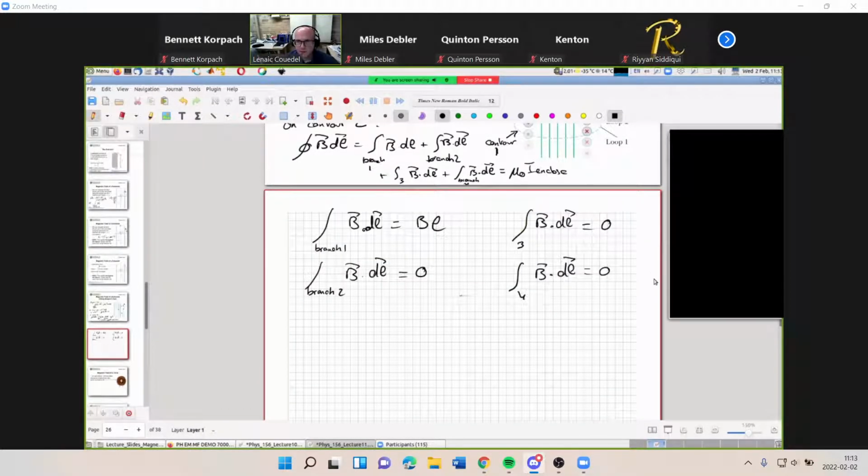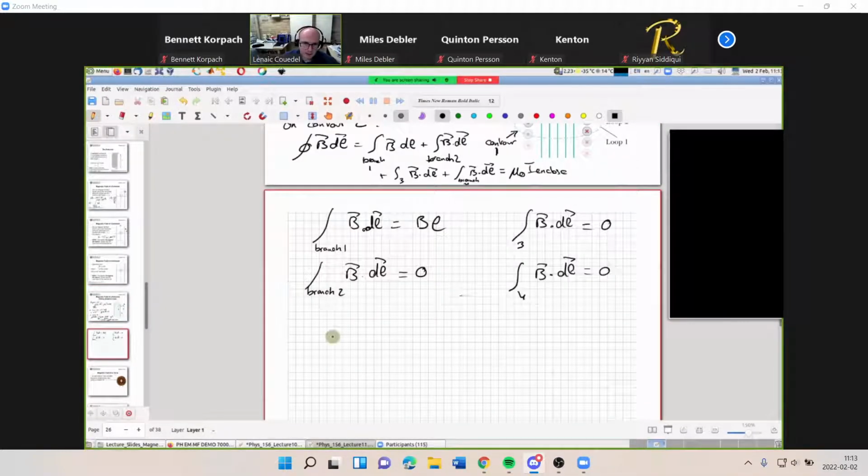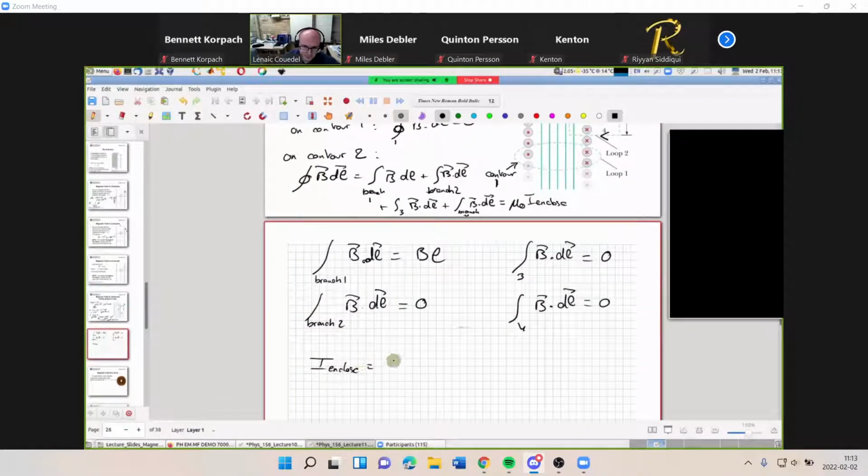And now I just need to find the current enclosed in my total path. I enclosed is just the length times the number of turns per unit length.